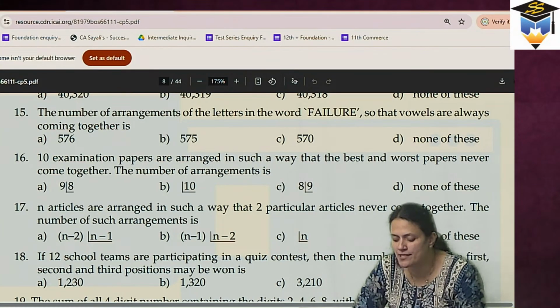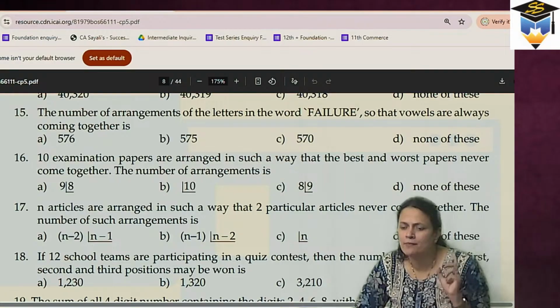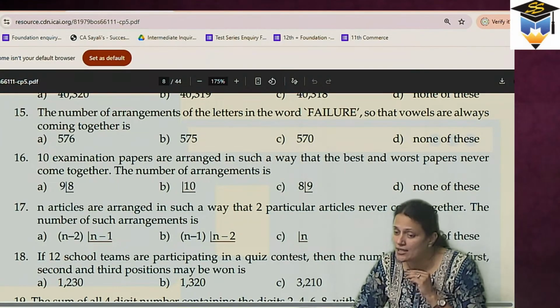So here which principle will you use? Addition or multiplication? When 'and' comes, use the principle of multiplication. Now tell me, how many examination papers? 10. But the best and worst can never come together.